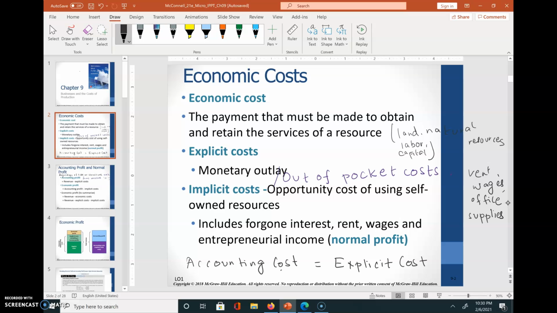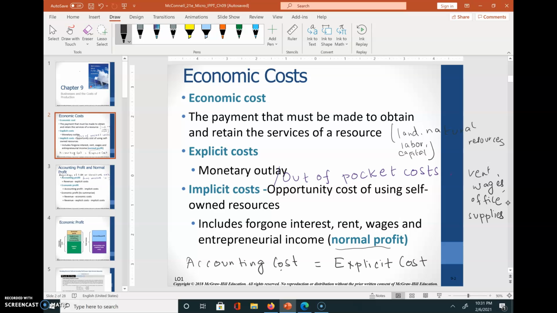As for example, this is the opportunity cost of using self-owned resources. This includes foregone interest, rent, wages, and entrepreneurial income, which is also called normal profit.